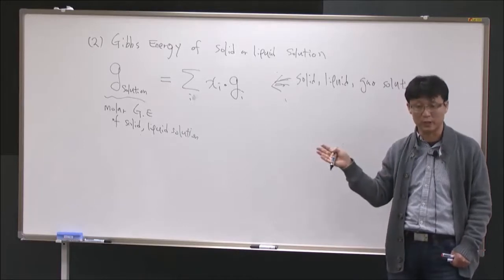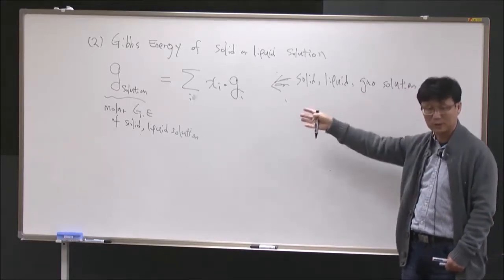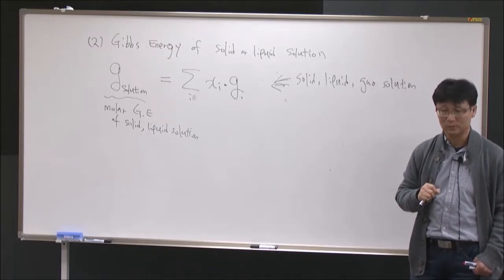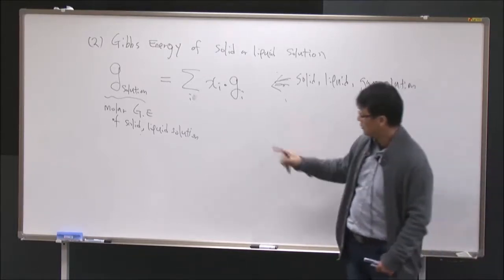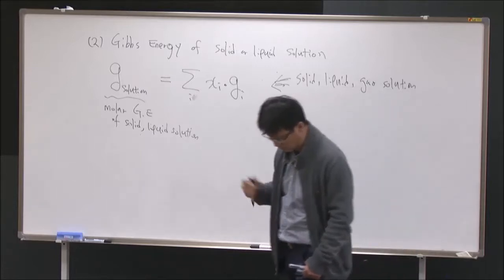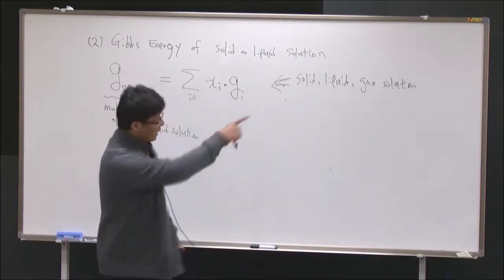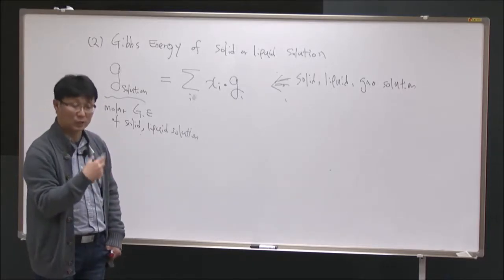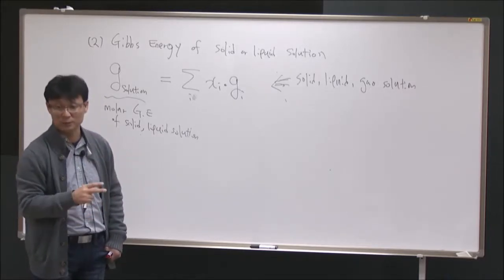If total pressure is 1 atm, you can express this as an ideal gas solution. But if you express this for the solid and liquid phase, the activity coefficient term may not equal 1, so you can have a slightly different expression.